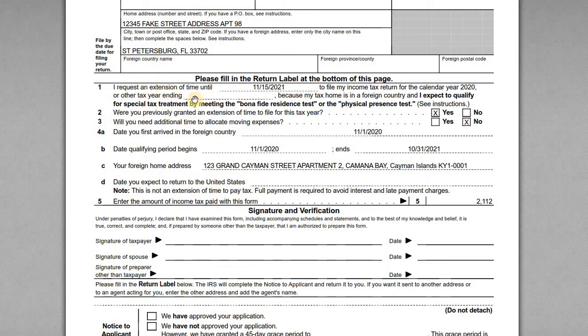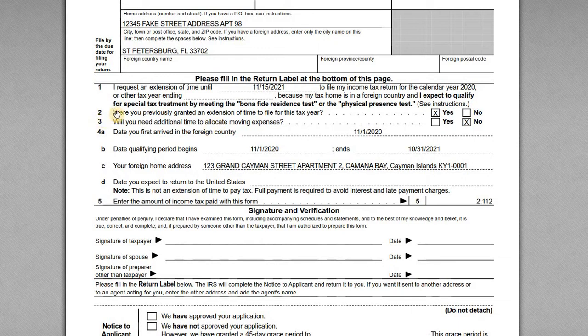So he's asking for an extension until November 15th to file his income tax return for 2020. Now, generally when you file this, they'll give you up to 30 days beyond when you expect to qualify under the physical presence test. But in this case, John, he's got his return ready to go. So he's just asking for another 15 days.